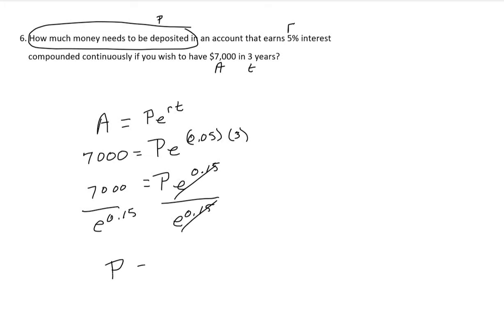So P is going to equal 7,000 divided by e to the 0.15 power. And that is going to give you approximately $6,024.96.